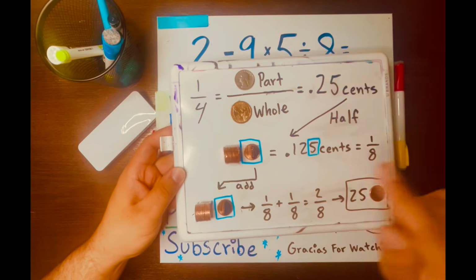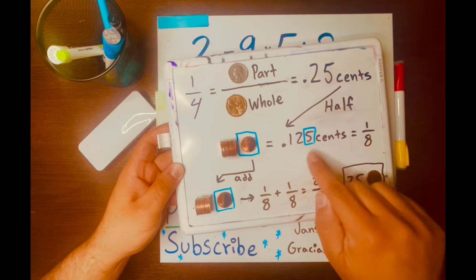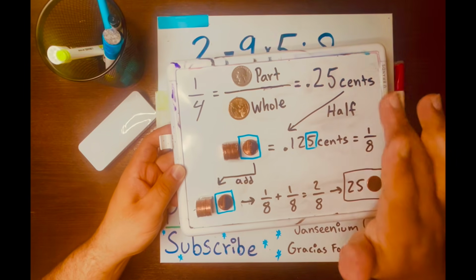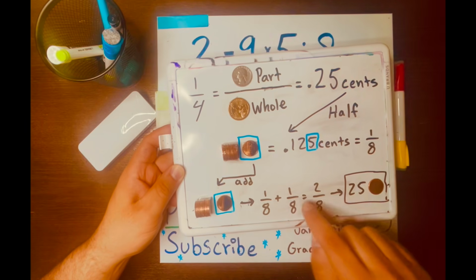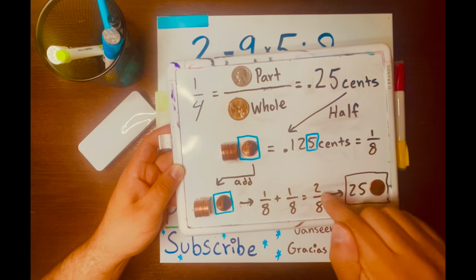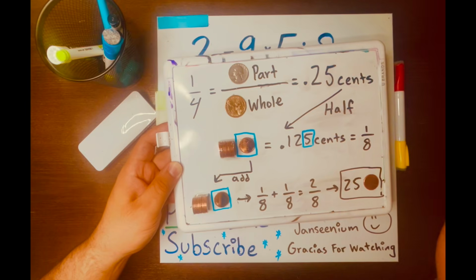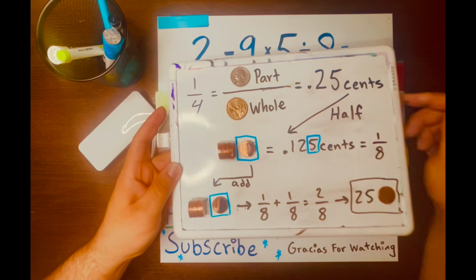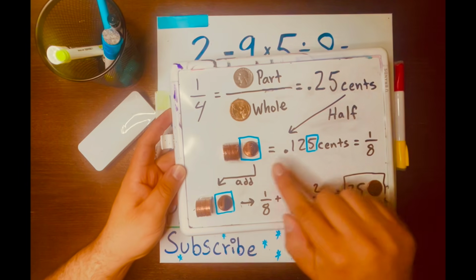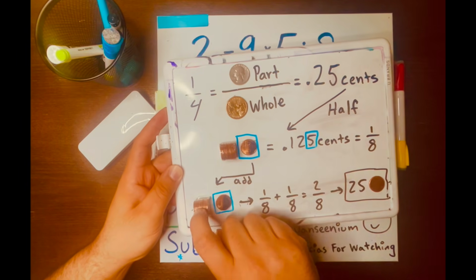Now, if you add 0.125 or another half of a quarter, which is 1/8 plus 1/8, that gives you 2/8 or 25 pennies. And you're probably thinking, wait, how did you get 25 pennies? Well, 12 pennies plus 12 pennies is 24.